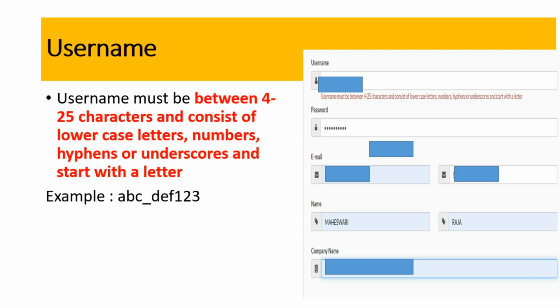So lowercase letters are allowed, numbers are allowed, hyphen is allowed, and underscore is allowed, and the length should be between 4 and 25 characters. For example, abc_def123 is allowed. Capital A or capital B is not allowed. Uppercase letters are not allowed at all. These are the rules for setting a username.